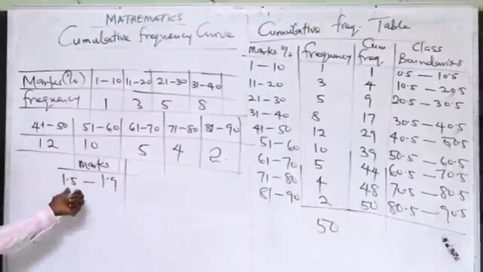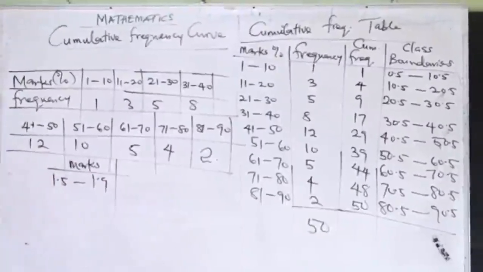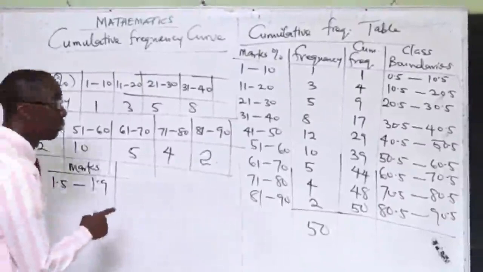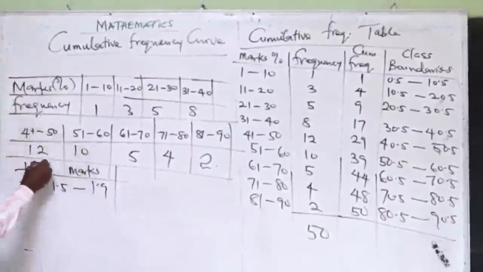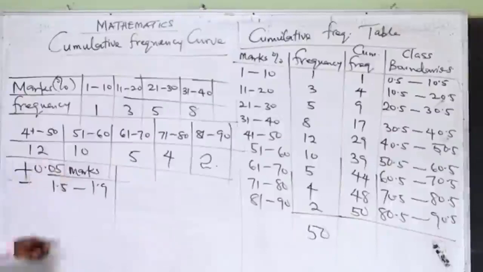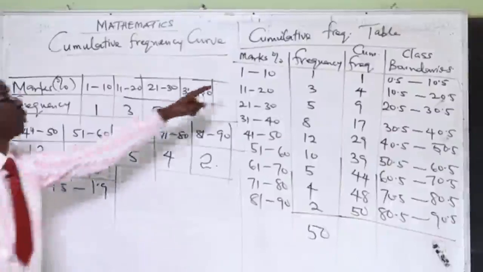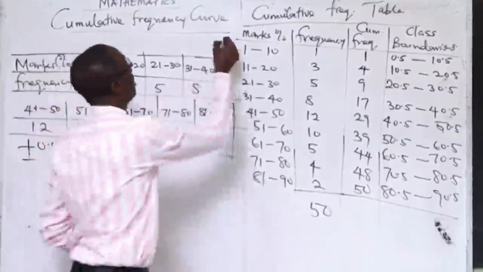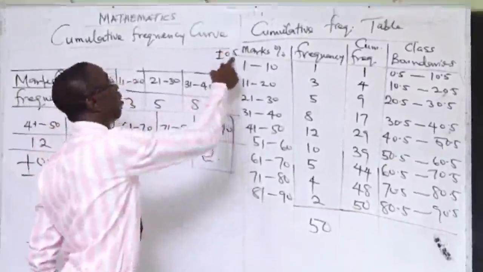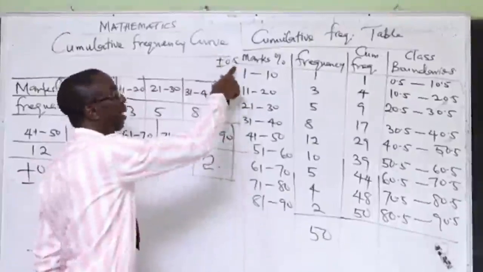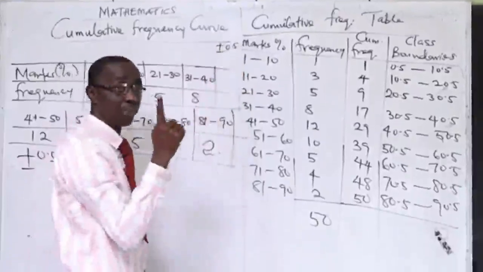Now it will change from plus or minus 0.5 to plus or minus 0.05. Because when it was whole numbers, we were using plus or minus 0.5, as something of one place of decimal. 0.5 is how many places of decimal?